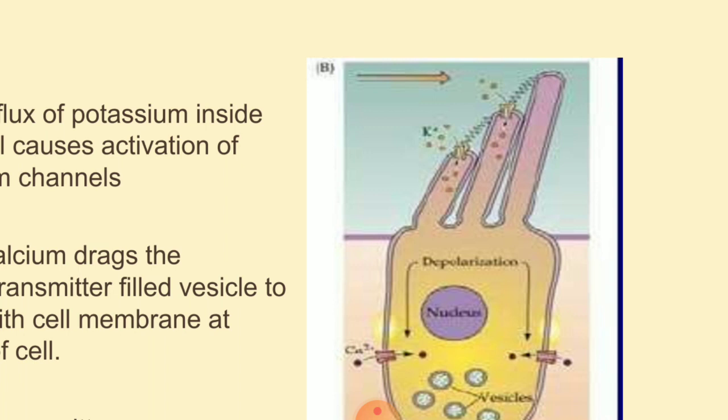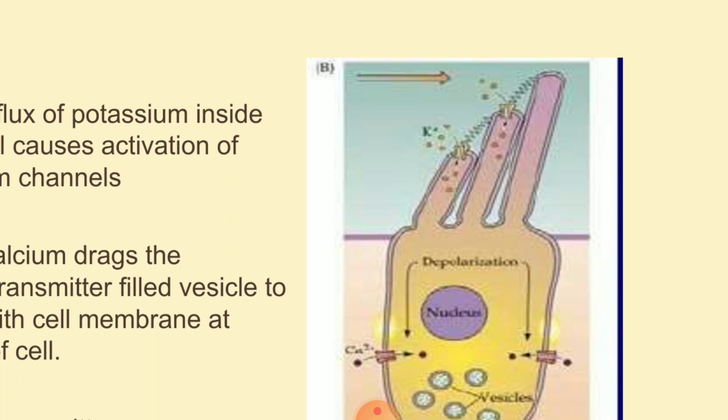When by adding up it reaches the threshold value, an action potential develops by release of neurotransmitter. Now this action potential follows the all-or-none law and travels through the auditory nerve.